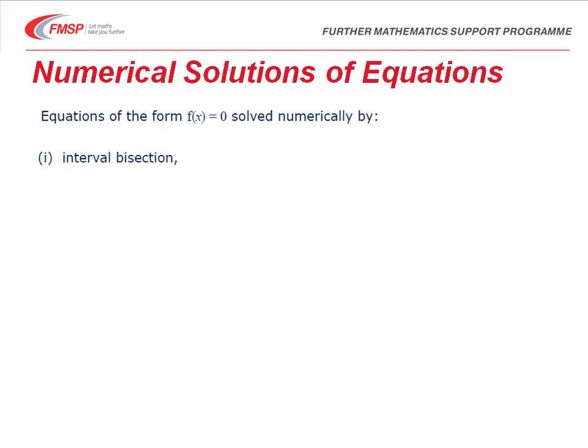The particular techniques that you're asked to look at are, first, interval bisection. I'll just quickly run through the basic ideas of these. Interval bisection, perhaps the simplest of these, says that if we have a root in an interval AB, then the next thing to check is the midpoint of that, hence the bisection, a plus b over 2.